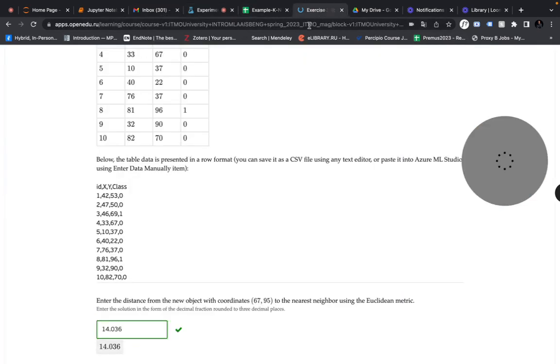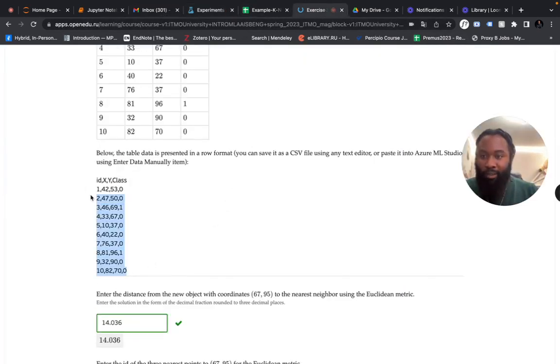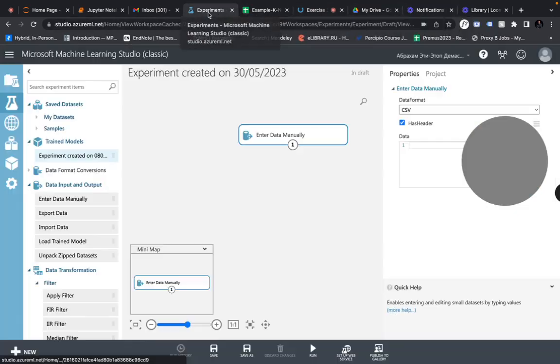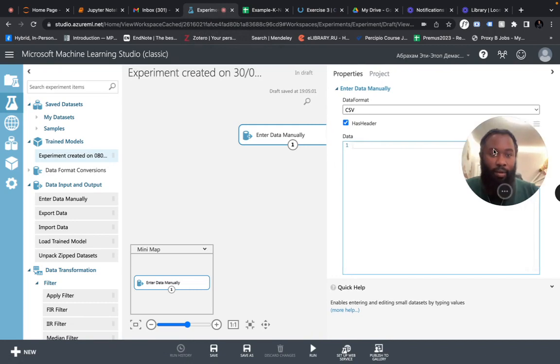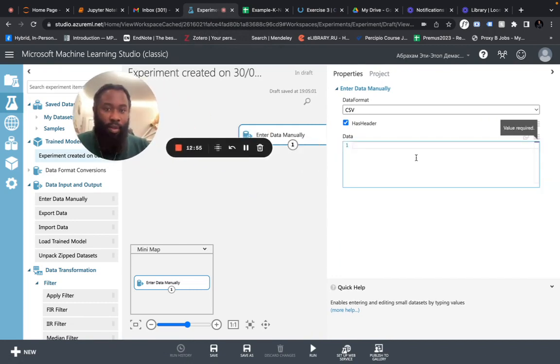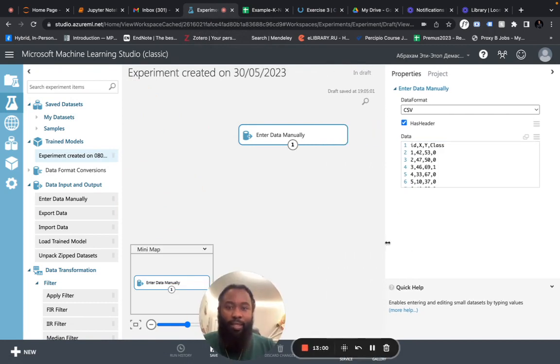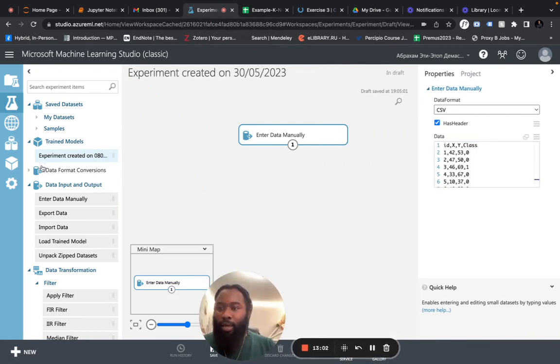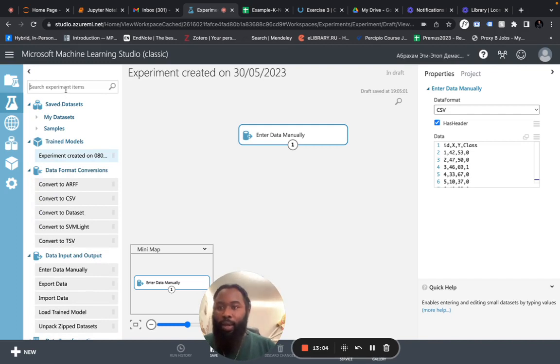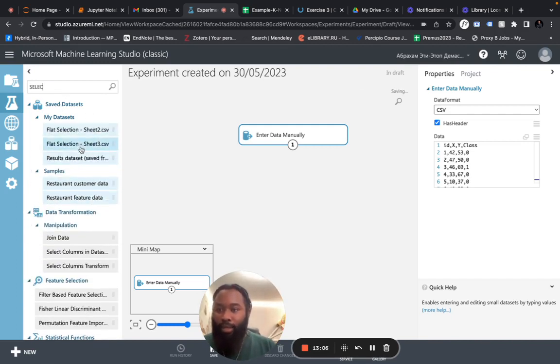Let's go back to the question and copy this. This is a CSV format, comma separated values. And we paste that here. And we have that.